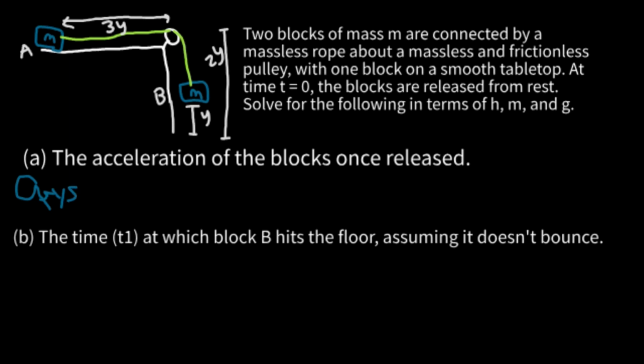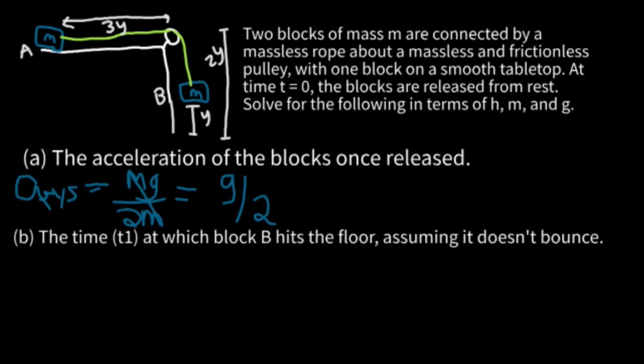So we'll just take the acceleration of the system. What is making the system go? That would be the weight of our hanging block. So mg divided by the total mass of the system of 2m, because the m's are equal. M divides out, and the acceleration of our system is g over 2.